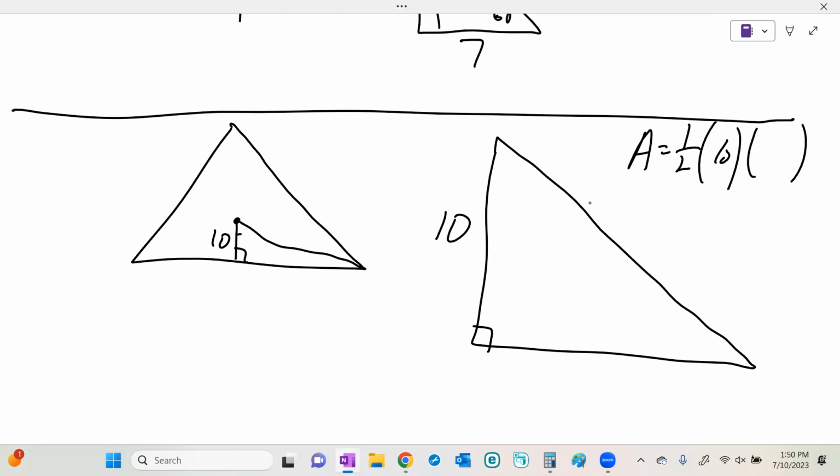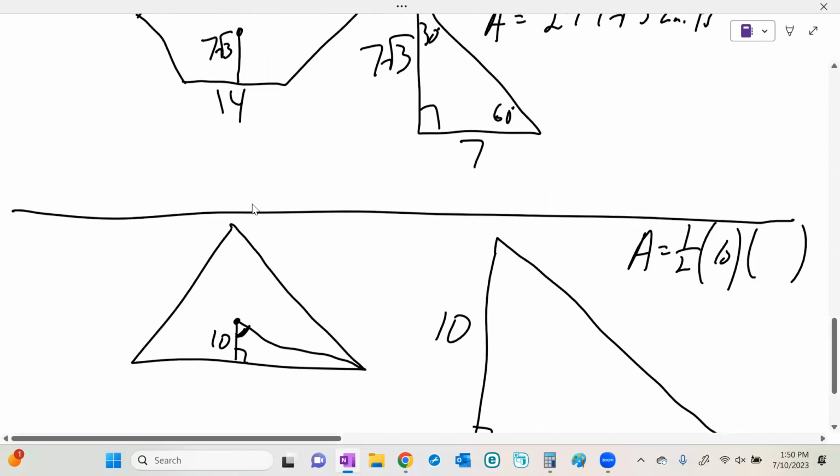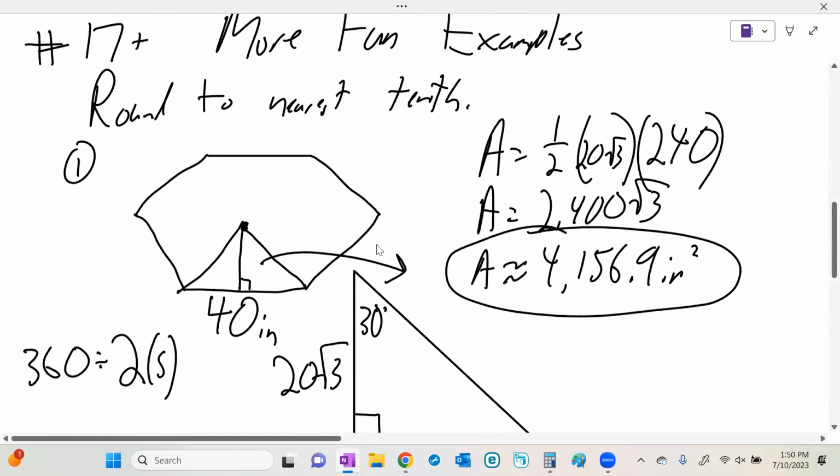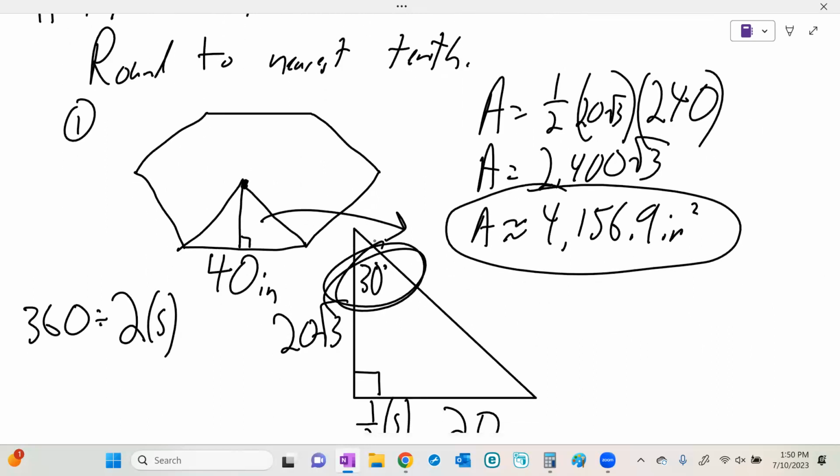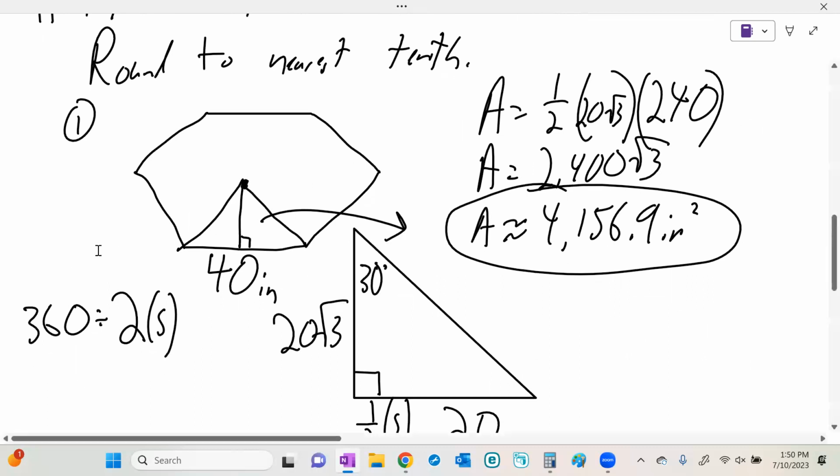Let's figure out what this angle is. Look back in this one. What did we do to figure out this top angle? How did we know that this was 30? Look, it's right here. 360 divided by twice the number of sides. Okay, so what's that for this triangle?